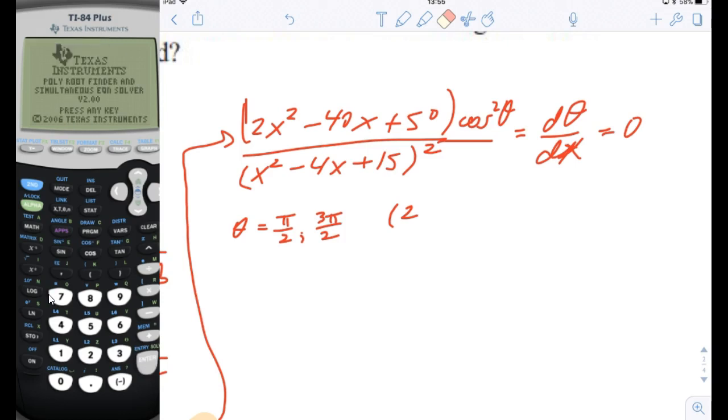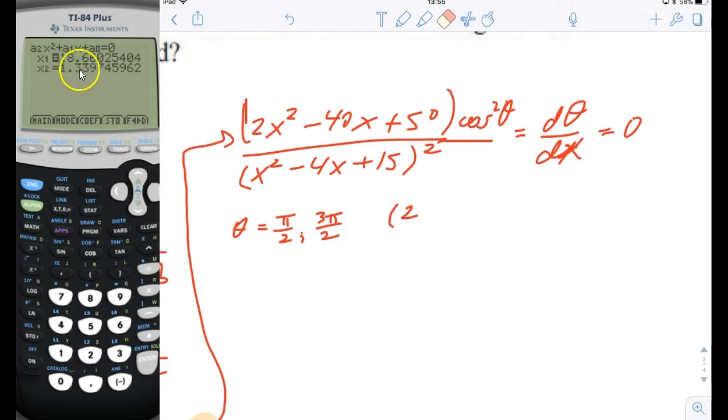But I'm just going to show you using the polynomial root finder, order 2, next, and we're going to put 2, negative 40, and 50. Enter. Solve. Oh, and it gives us these horrible numbers here. So that's what you would get if you did the quadratic formula, which is why we didn't do it.